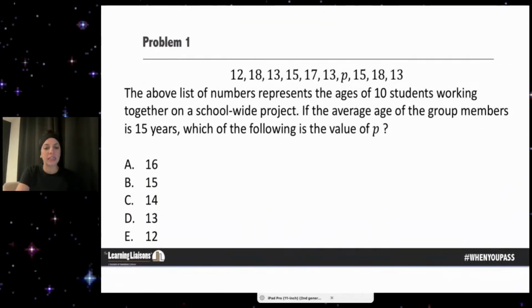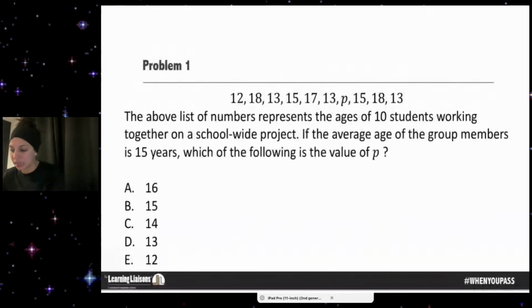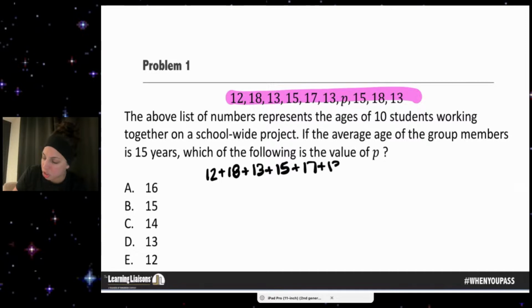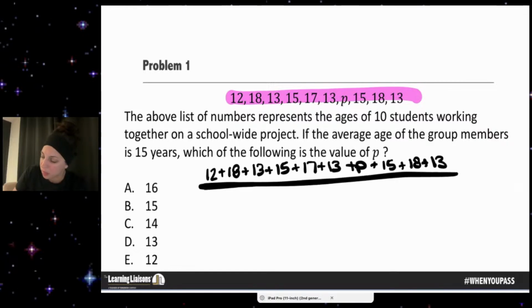So let's go ahead and look at this problem. I'm trying to figure out the missing number instead. So if these are my ages of 10 students working together, I'm going to add 12 plus 18 plus 13 plus 15 plus 17 plus 13 plus P plus 15 plus 18 plus 13 divided by 10.